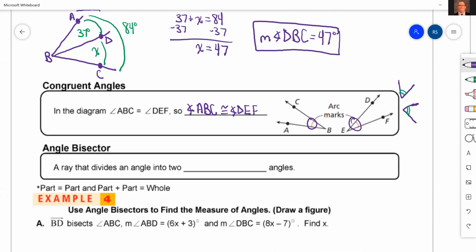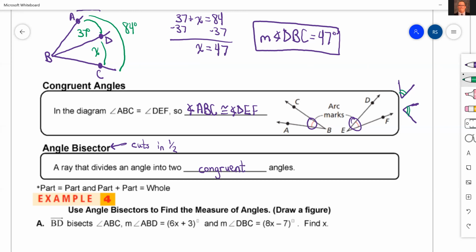Okay, now we have another definition, angle bisector. We remember back to yesterday, we said bisector does what? Cuts in half. So an angle bisector is a ray that divides an angle into 2 congruent angles.